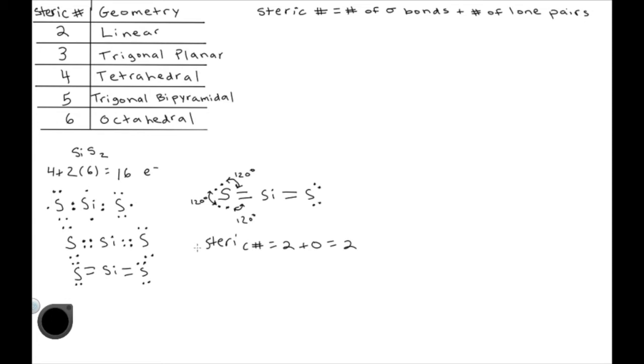And since it has a steric number of 2, but before that, once again, double and triple bonds have 1 sigma bond each, and the rest are pi bonds. So the geometry is going to be linear, right, according to our chart over here. And also, since the molecule has the form of AB sub 2, we can determine that the molecule is linear in that way as well, if you prefer that way. So moving on.